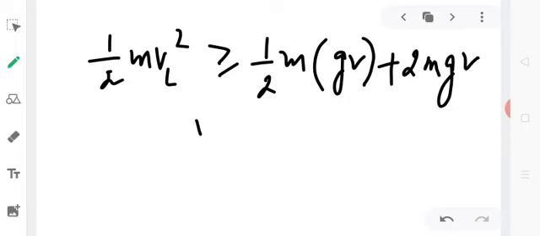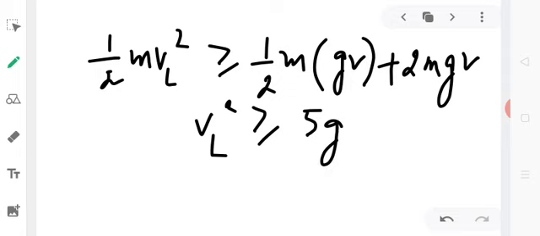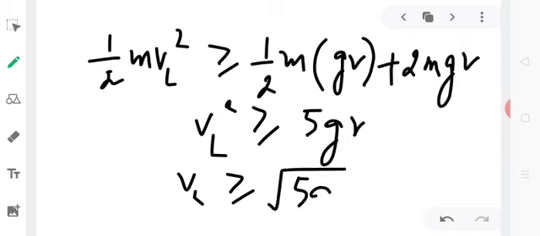So you get vl square to be greater than or equal to 5gr, or vl is greater than or equal to root over 5gr. Hence, for looping the vertical loop, the minimum velocity at the lowest point should be equal to root over 5gr.